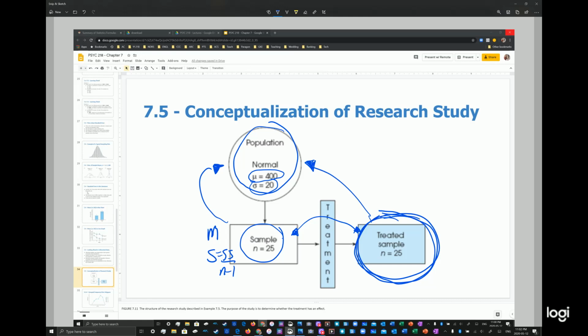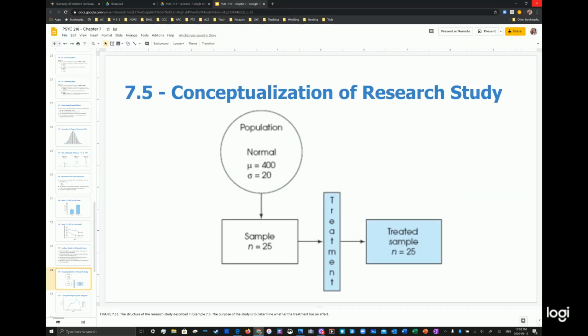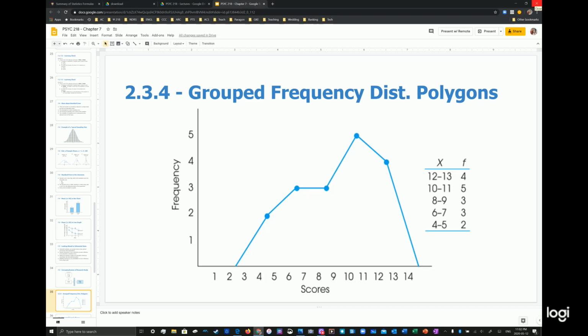And again, if we can't get access to the population, we're going to compare that with the sampling distribution of means, the best approximation offered in this course that tells us, okay, this is what the population should look like. And that's next chapter. We're going to do this with z-scores. The z-score itself is going to be covered a lot more in the next chapter.